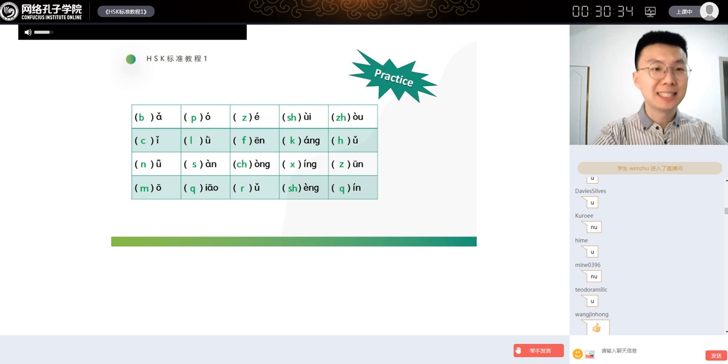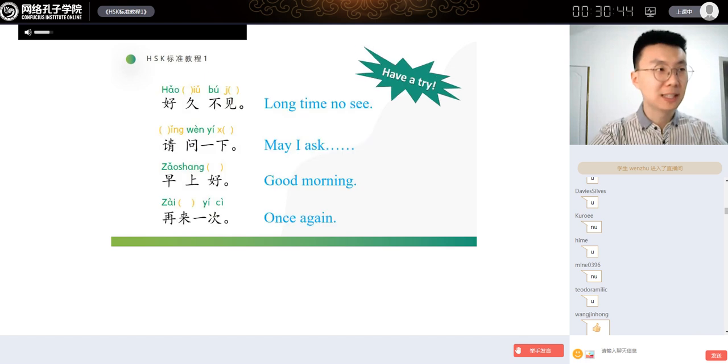Okay, how about it, is it not too difficult, right? So then we do a challenging exercise. I will read a sentence, please fill in the missing pinyin. Okay, let's look at the first one. I will read it, you can type the missing one. For example, first one, 好久不见. Very good.